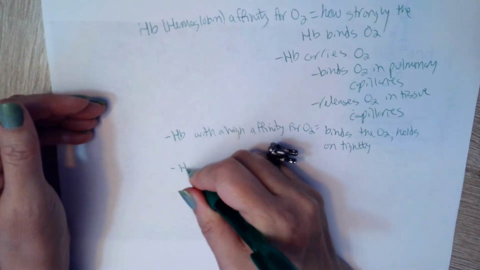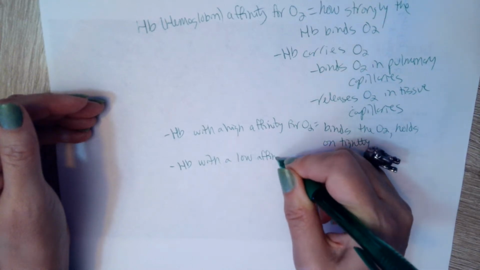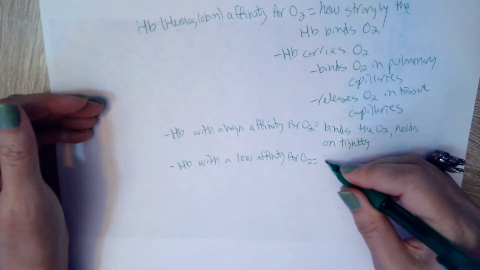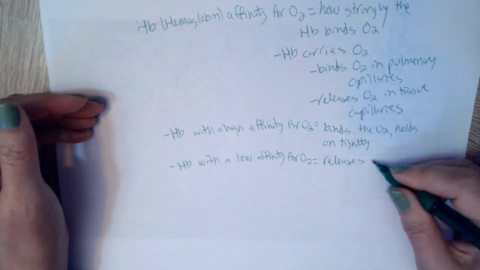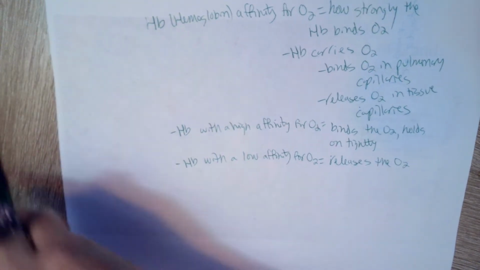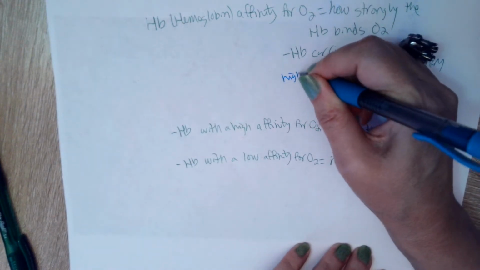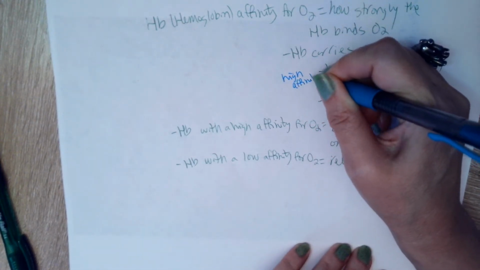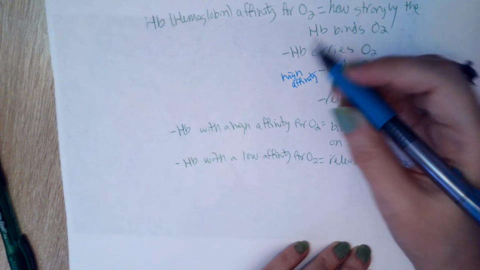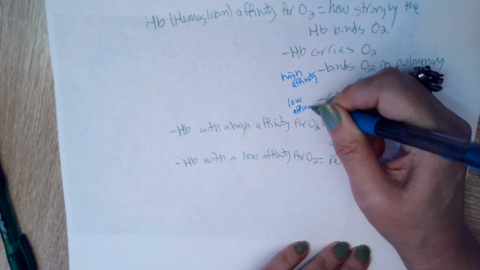When you reduce that affinity, so hemoglobin with a low affinity for oxygen doesn't bind, it releases, or lets go of the oxygen. So what you want is to have a high affinity in your pulmonary capillaries so that you can bind the oxygen onto the hemoglobin, and then when you get into the capillaries of the tissue, you want to have a low affinity so that you can let go of the oxygen.